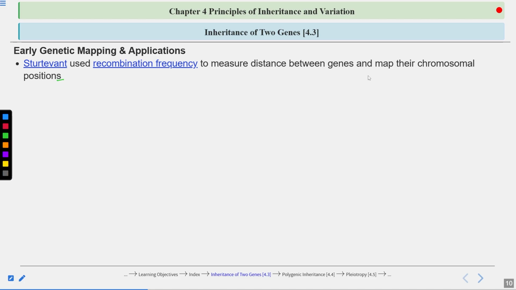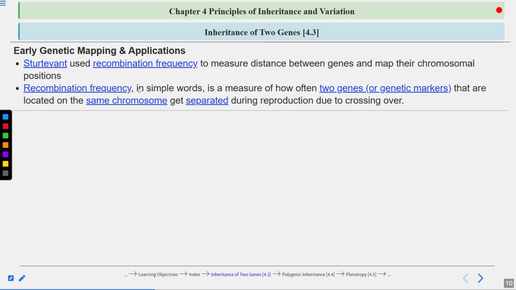So distance between the genes can be measured using a recombination frequency. And this was used to create genetic maps. Okay, this can be used to map the genes on the chromosomes.